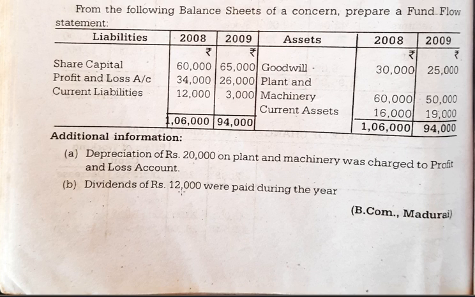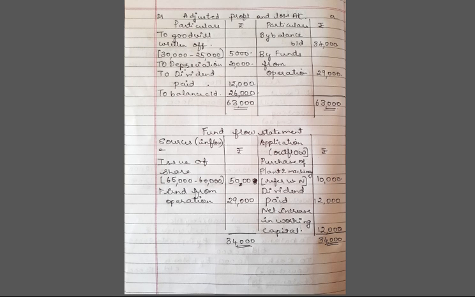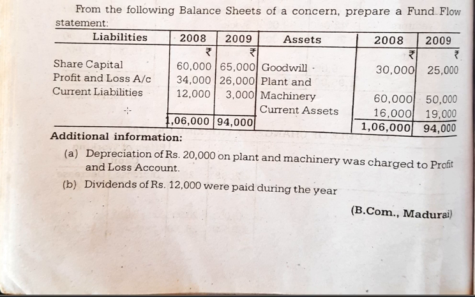Dividend of rupees 12,000. When dividend is paid, it is entered in the profit and loss account, which is not an operating expense. So we write dividend paid on the debit side: dividend paid 12,000. After that, write the closing balance. All the adjustments are over.